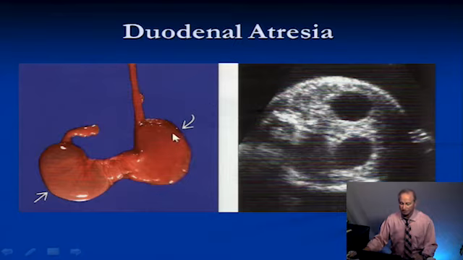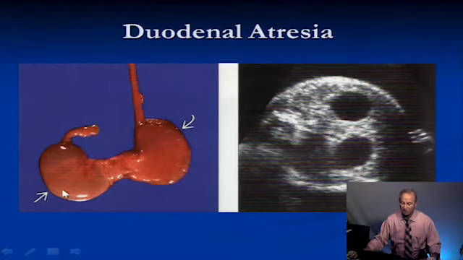The duodenal atresia. Why do we see two stomach bubbles? Well, let us see what happened. This is the stomach. This is the esophagus. So the esophagus is open to the stomach, and the stomach is filling. And this is the end of the stomach here. This is the first part of the duodenum, and this is the second part. And the second part is atretic. The second part is where the problem is.